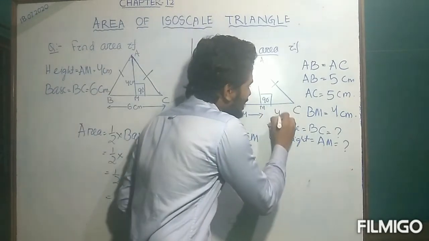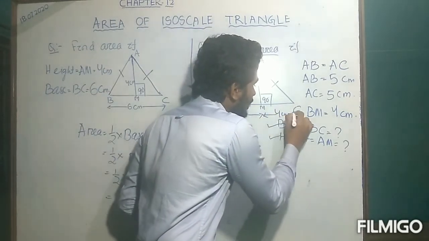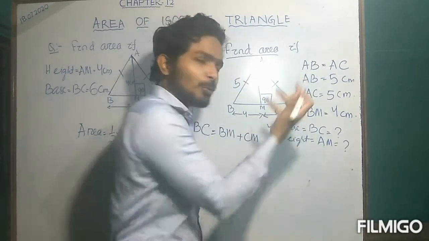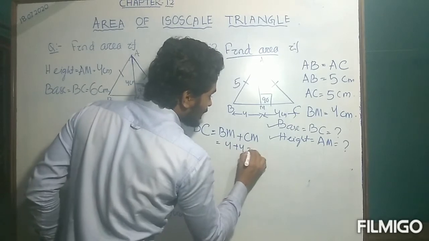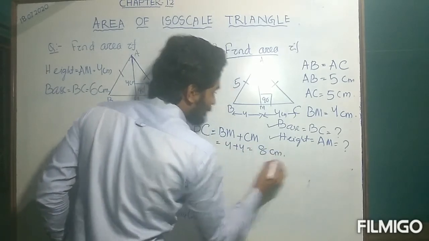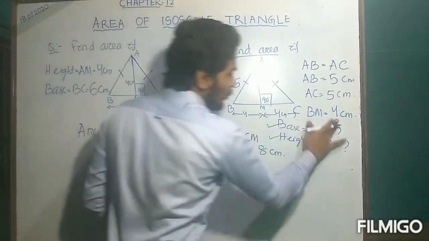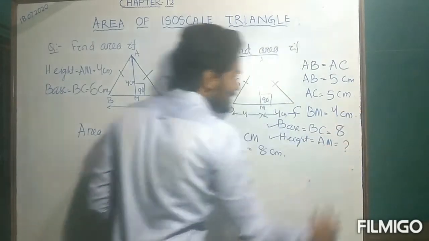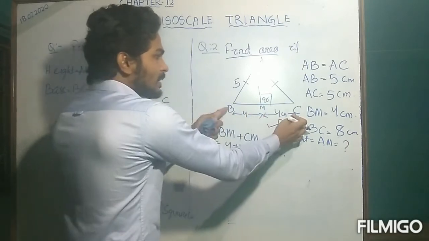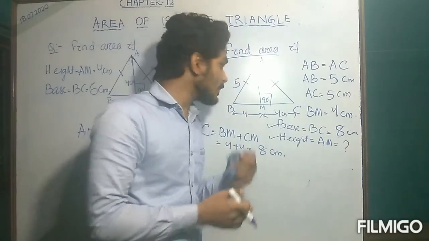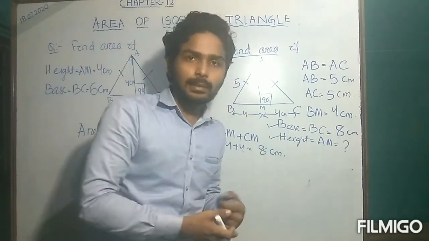So CM is also 4 cm because these two halves are equal. Clear? So 4 plus 4 is 8. Now the base part is completed. The base is 8 cm. If it is 4, then the total is 8. 4 plus 4 is 8, or you can say 4 into 2 is 8.